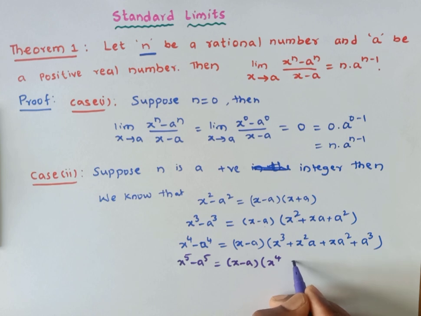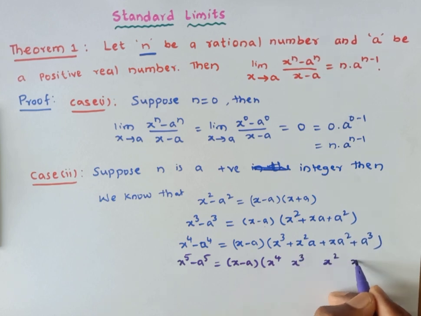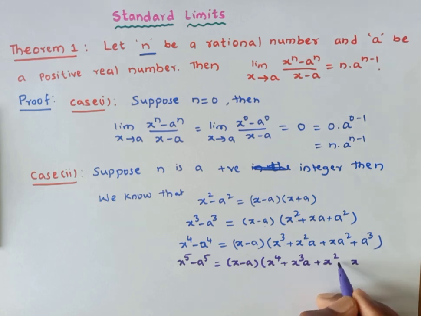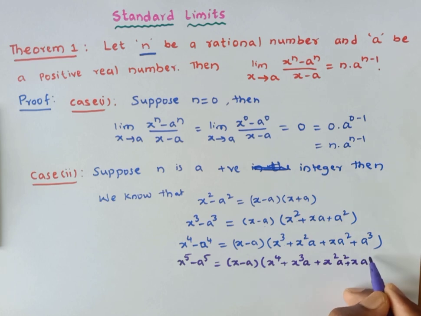Next x to the power of 3, x to the power of 2, x and next 0. Now this is x power 4 into a power 0, plus x cube into a power 1, plus x square into a square, plus x into a power 3, plus a to the power of 4, like this.